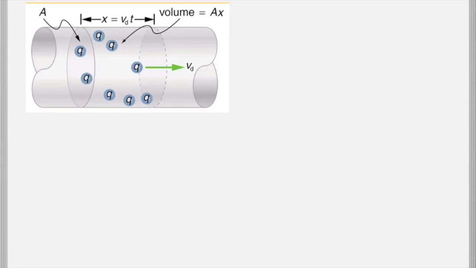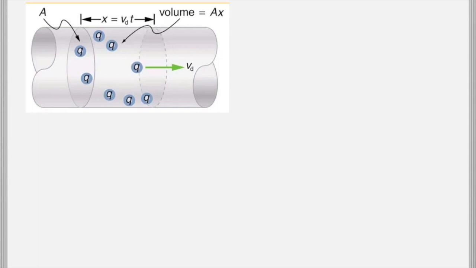Assuming that the drift velocity is v sub d, displacement is given by velocity multiplied by time. So an electron at this point would move to this point over a displacement x, which is given by its drift velocity multiplied by time. I think you got that.